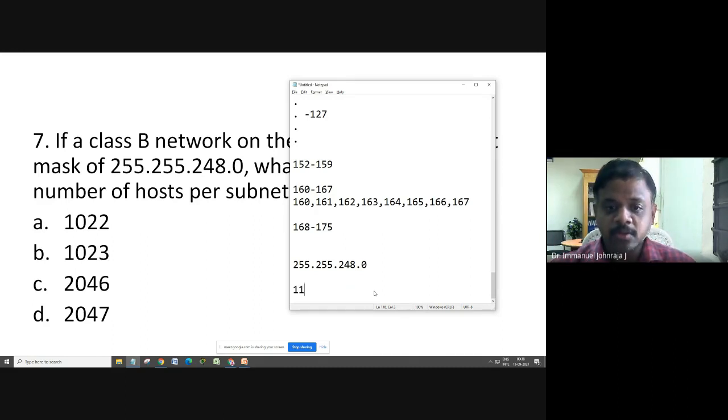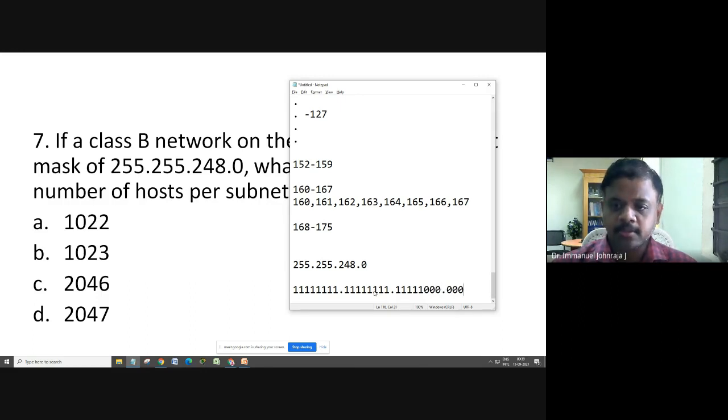255 means 1, 2, 3, 4, 5, 6, 7, 8 in binary. 255, 1, 2, 3, 4, 5, 6, 7, 8. 248, 1, 2, 3, 4, 5. So this is 128, 192, 224, then 240, then 248.